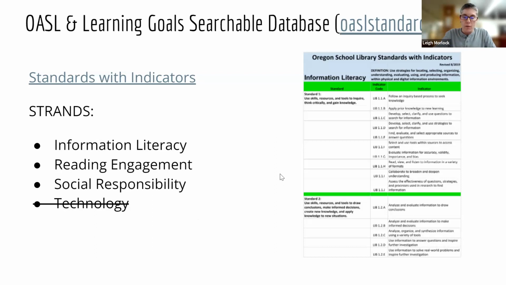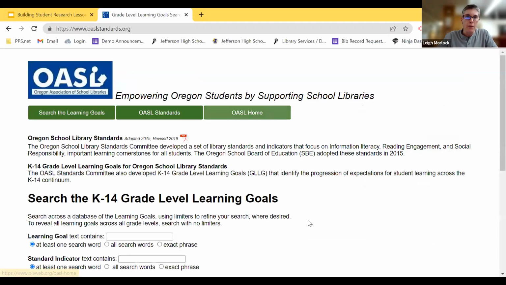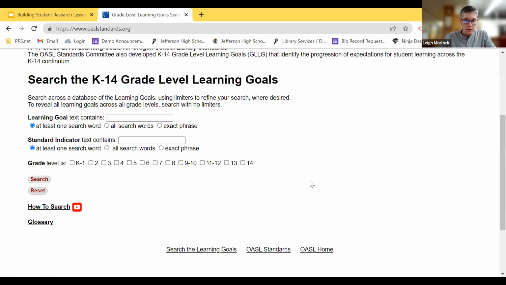And so the hope of the learning goals, or the intention of the learning goals, is to help teachers and librarians or teacher librarians know or plan lessons and units based on what students should know and the progression of what they should know through K through we have the first 2 years of college, community college.